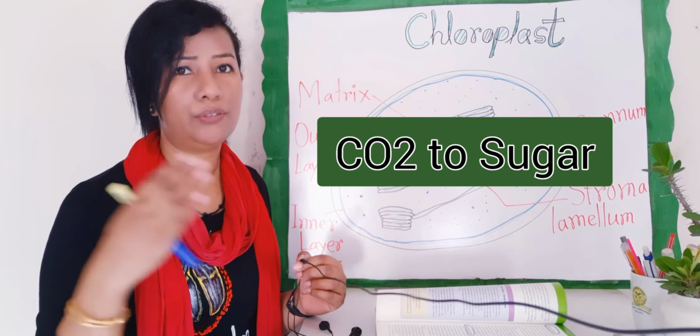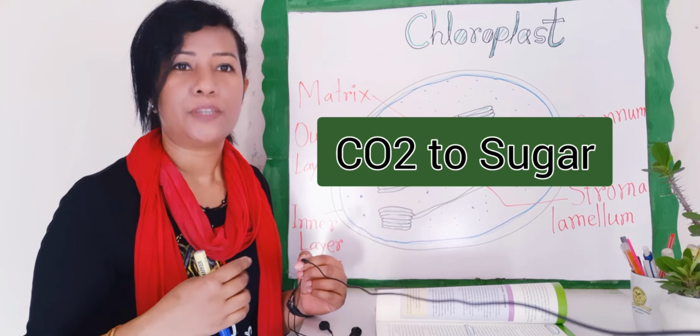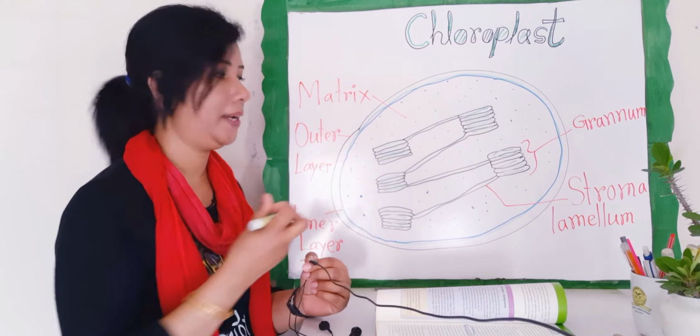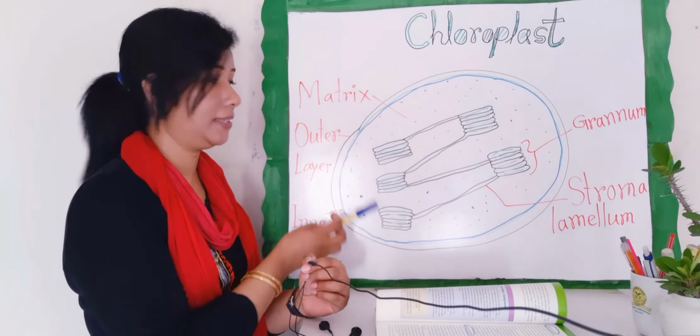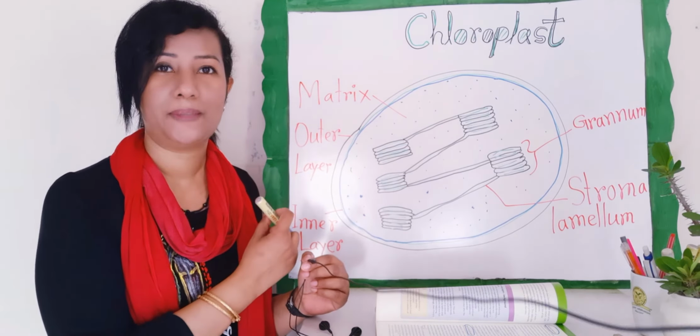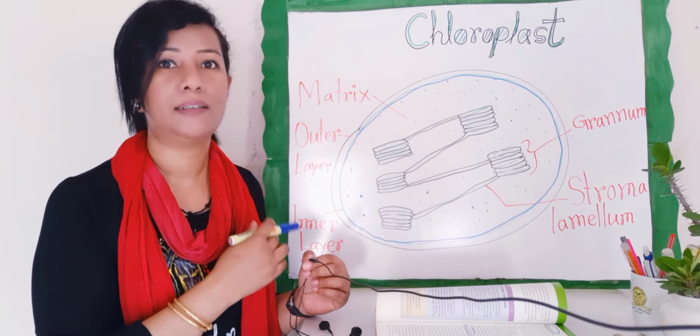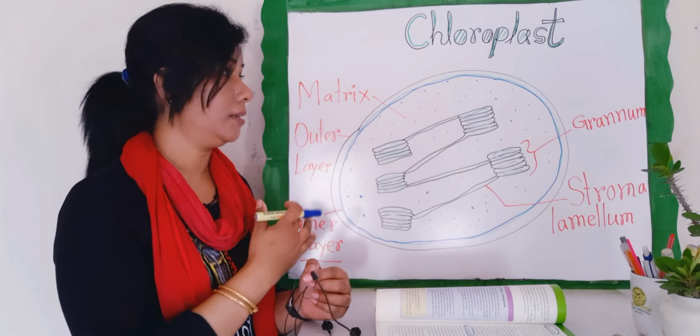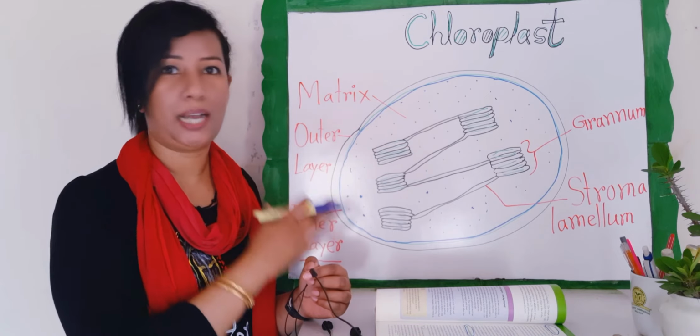Carbon dioxide to sugar, yes. This is the Calvin cycle. Where does it take place? In the stroma. Calvin cycle happens in the stroma. You must remember that.